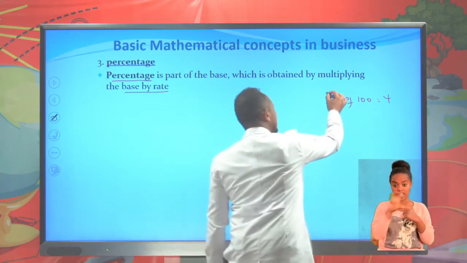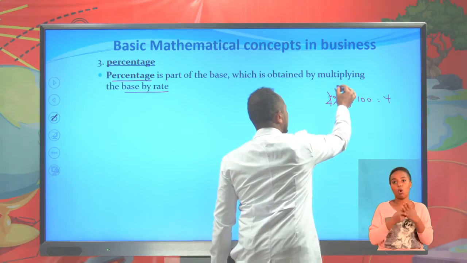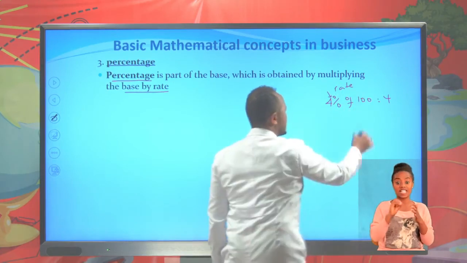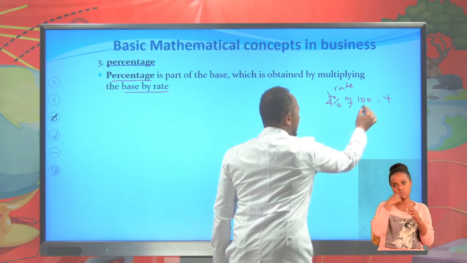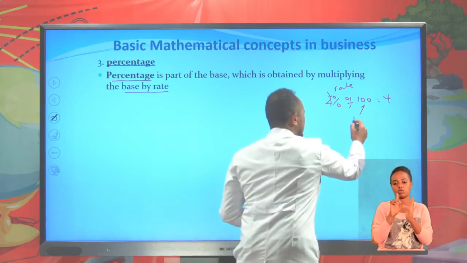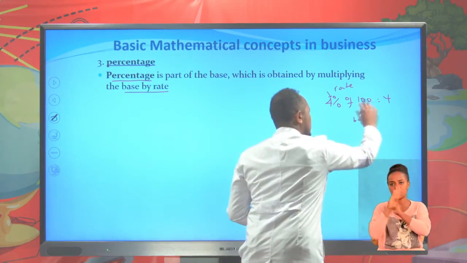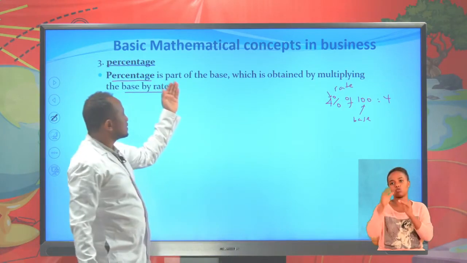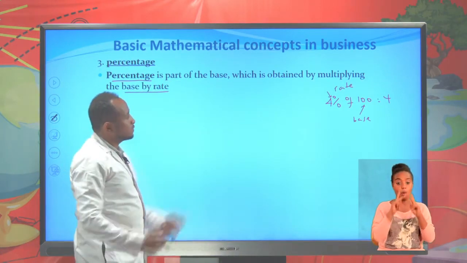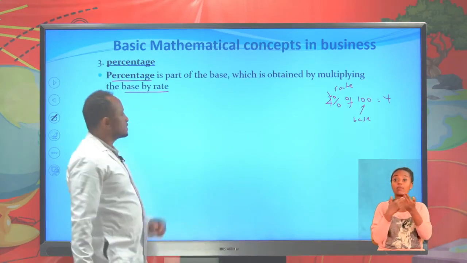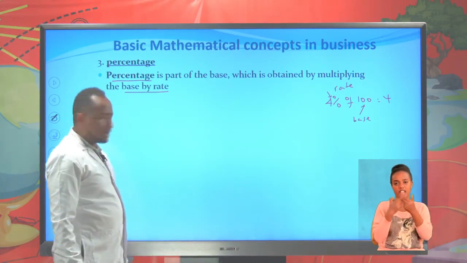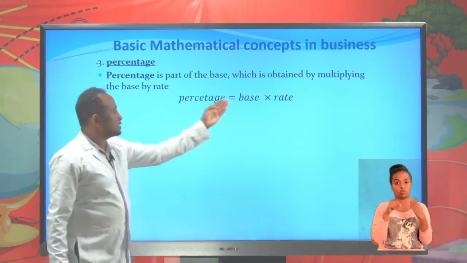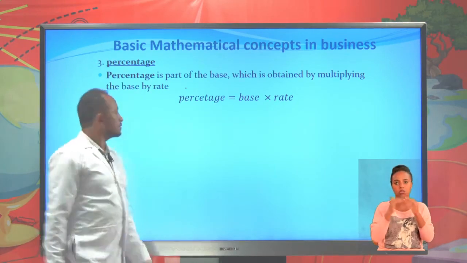In this case, the number expressed in percent is the rate, the whole amount is the base, and the part of the base is the percentage. Therefore, percentage is the part of the base which is obtained by multiplying the base by rate. So percentage is given by base times rate.